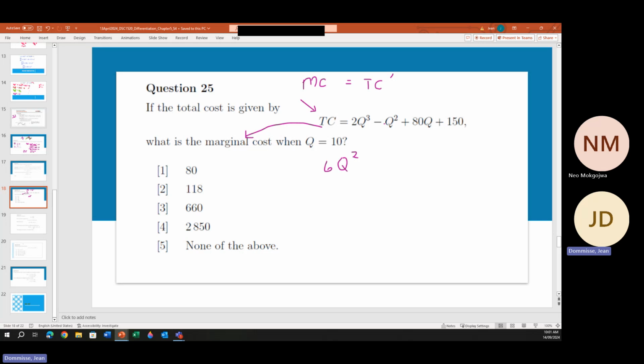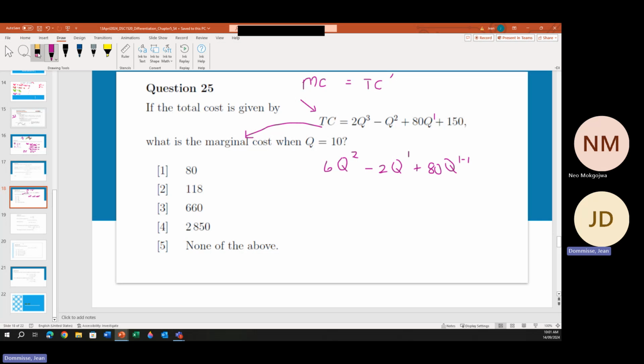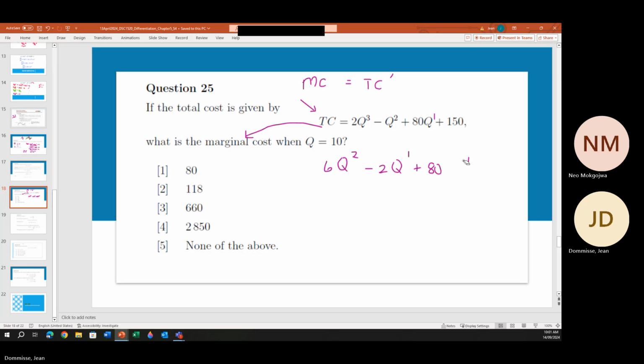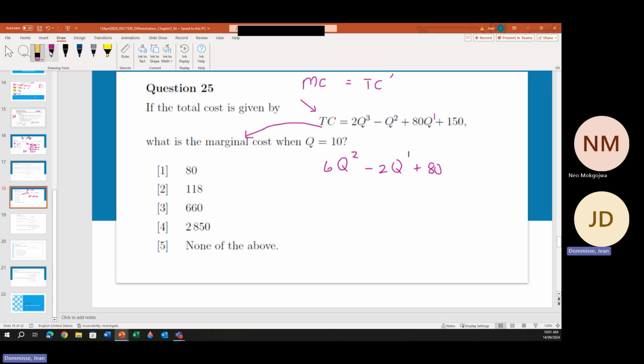The 2 goes to the front, so minus 2Q, and that will become 1. There's a 1, so that goes to the front. It will be 80 Q to the power of 1 minus 1, which is Q to the power of 0, which means that Q will fall away. And then we have 150, and if we differentiate that, it stays 150.